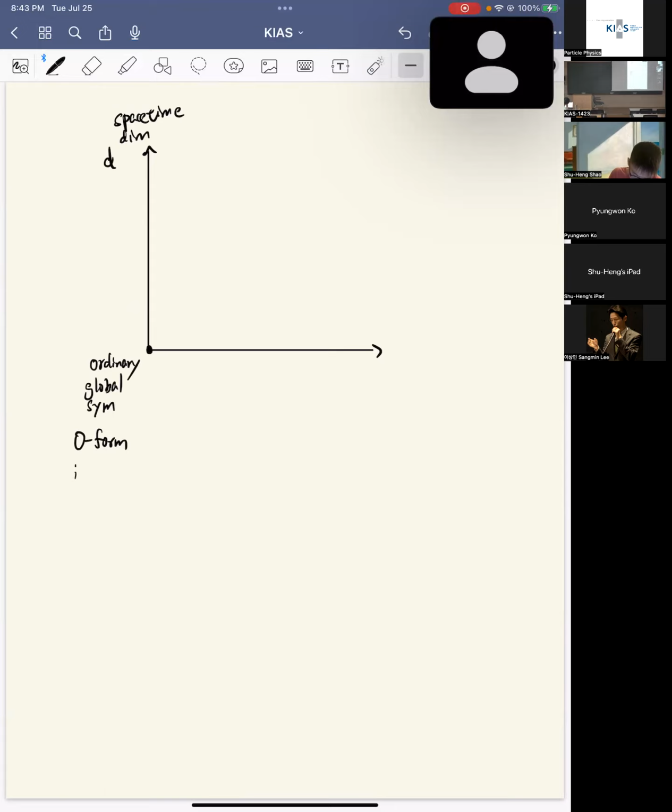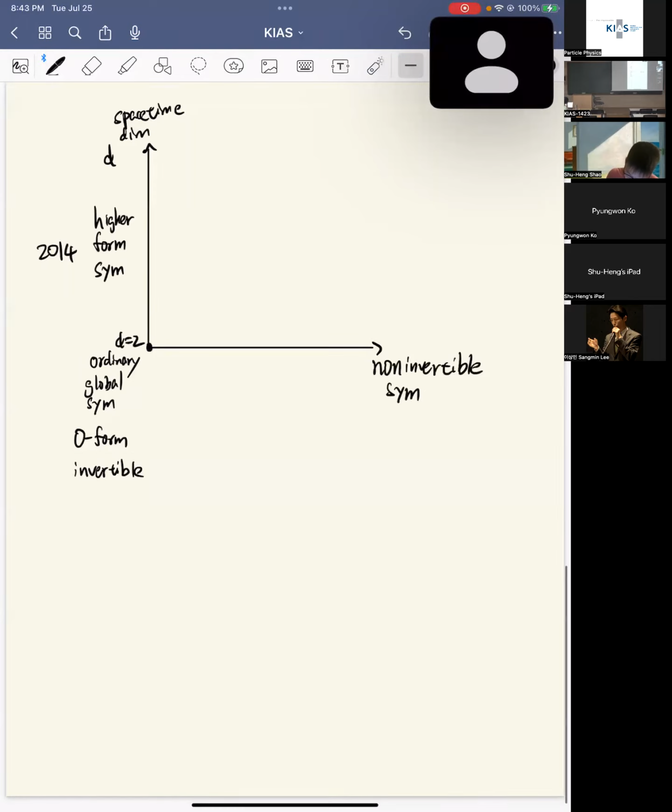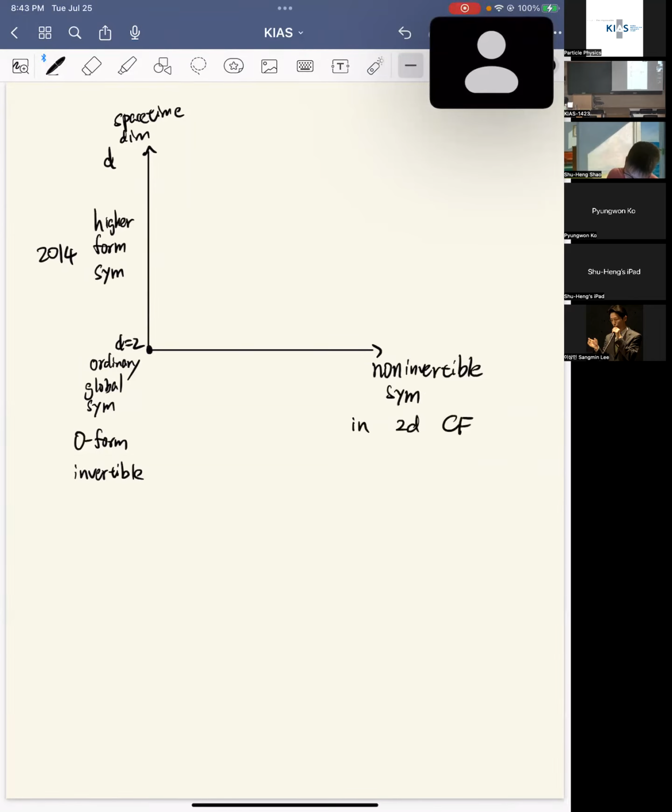And ordinary global symmetries are, of course, invertible. So that's the origin. And then there has been a lot of development since 2014 on the higher form global symmetries. But they are mostly invertible. In D equals 2, there are many interesting examples of non-invertible symmetries, and they lead to interesting constraints on dynamical systems, etc.